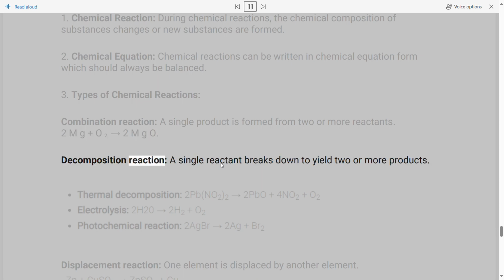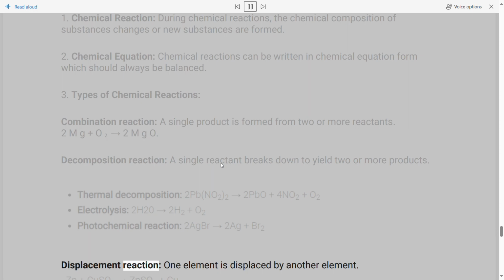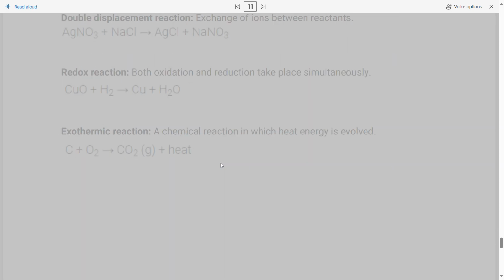Decomposition reaction: a single reactant breaks down to yield two or more products. Displacement reaction: one element is displaced by another element. Double displacement reaction: exchange of ions between reactants. Redox reaction: both oxidation and reduction take place simultaneously.